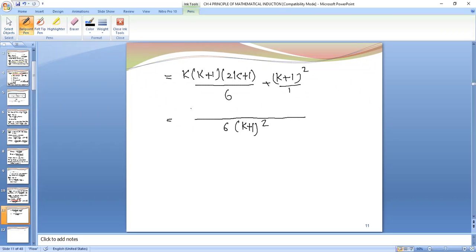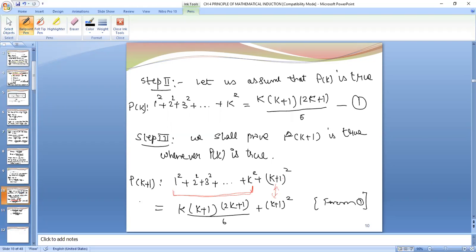k into k plus 1 into 2k plus 1 plus something is wrong here. Let me check. Okay. k into k plus 1 into 2k plus 1 upon 6 plus k plus 1 whole square.